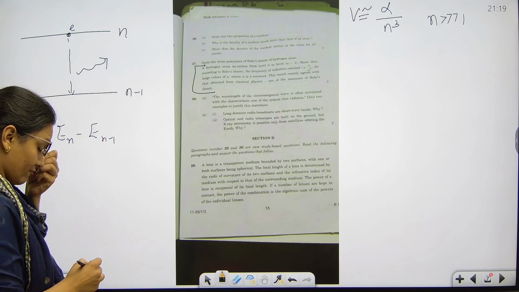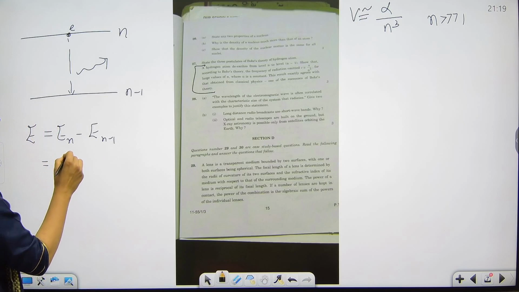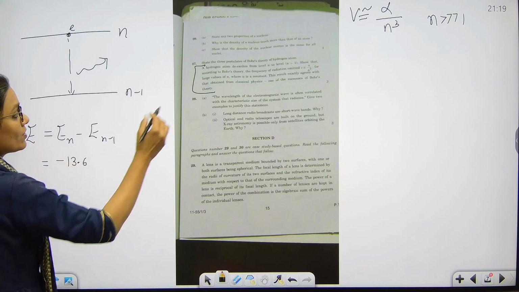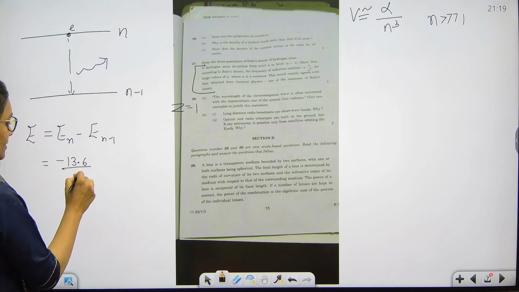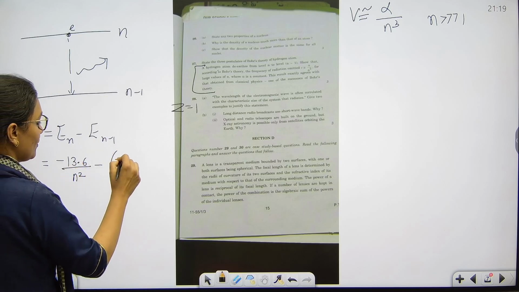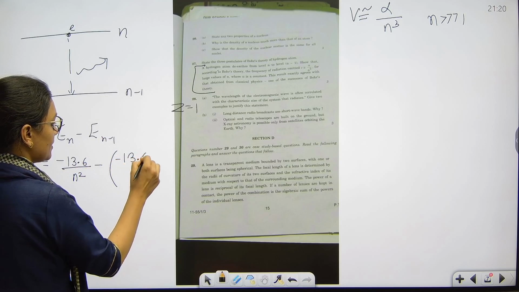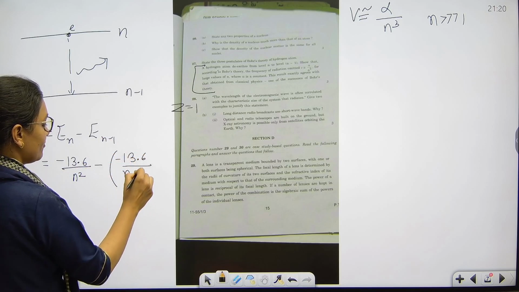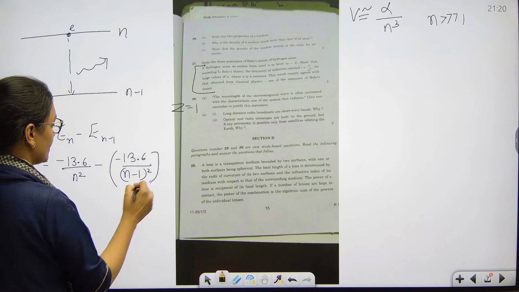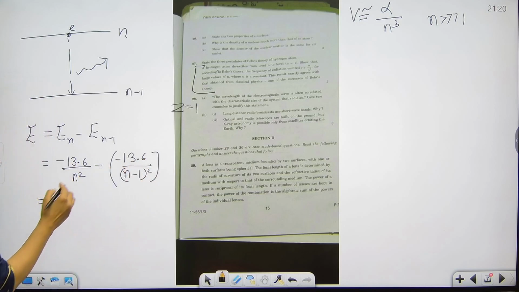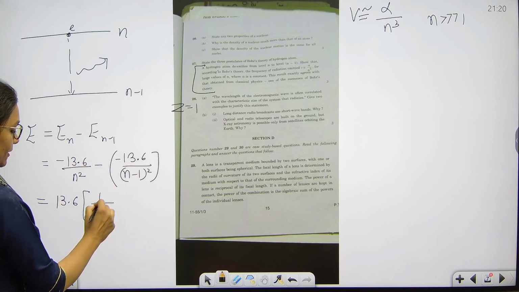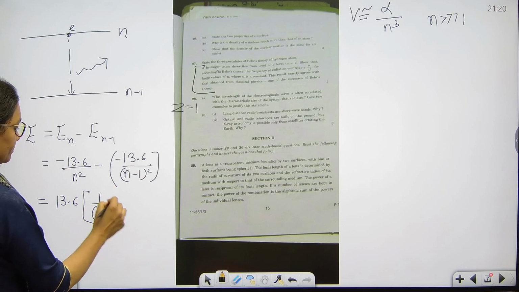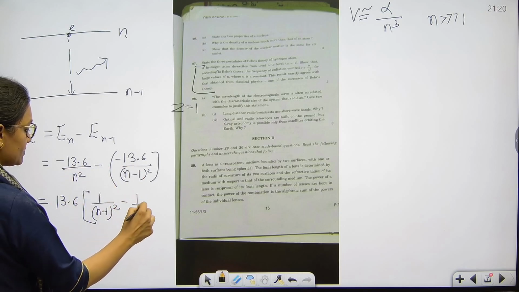The energy of a particular state you can write as minus 13.6, because we have taken the hydrogen atom, so Z value we will take 1, divided by n square, minus the value minus 13.6 divided by, in the place of n we have to place n minus 1 whole square. I am taking 13.6 outside. This will be positive 13.6. In the bracket you will have positive 1 upon n minus 1 whole square, and negative 1 upon n square.